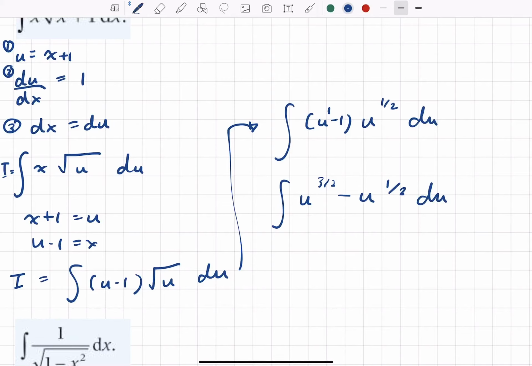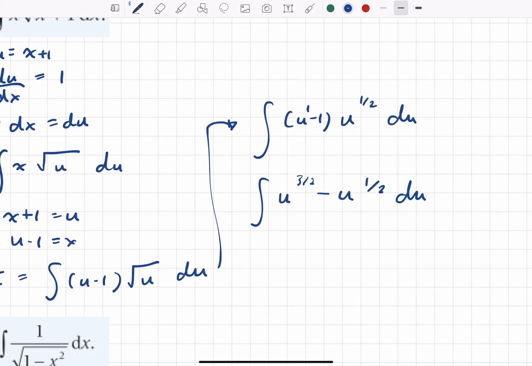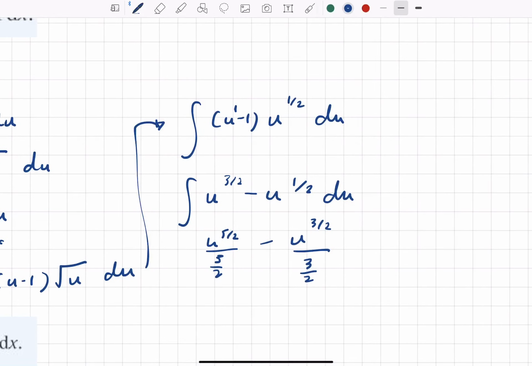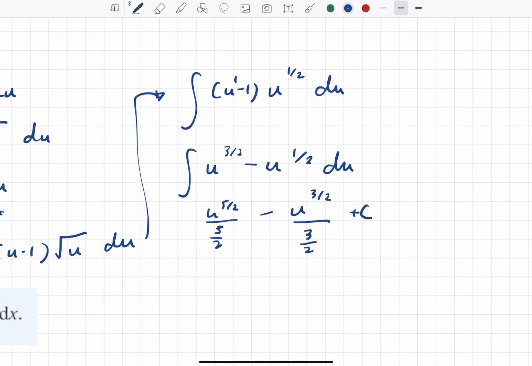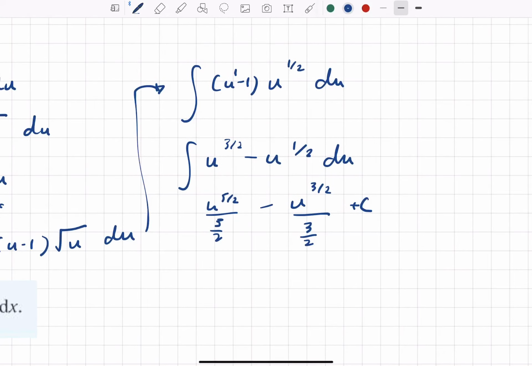This is now something we can definitely integrate. The integral of u to the 3/2 is u to the 5/2 over 5/2, minus u to the 1/2, which we just add 1 to, so u to the 3/2 divided by 3/2, plus c. Now, if we divide by a fraction, we multiply by its reciprocal.